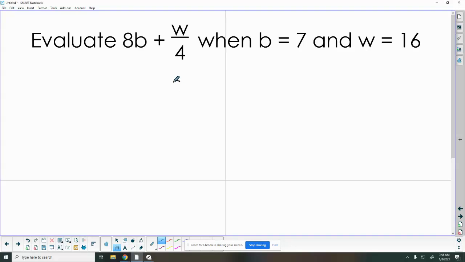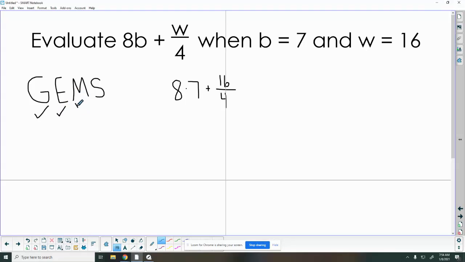So our new expression should look like 8, and then we need to times by B is 7. Then we're adding on W is 16 divided by 4. So we need to follow our gems here. We don't have any groups. We don't have any exponents.